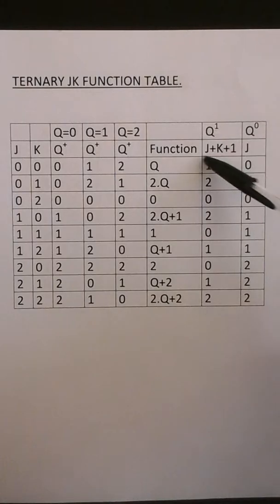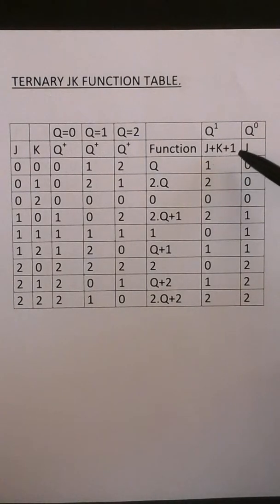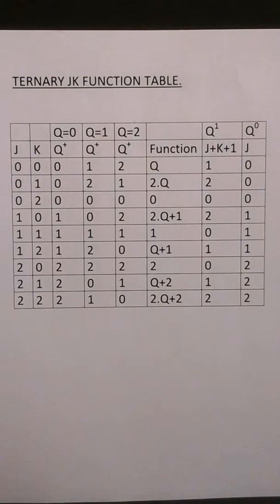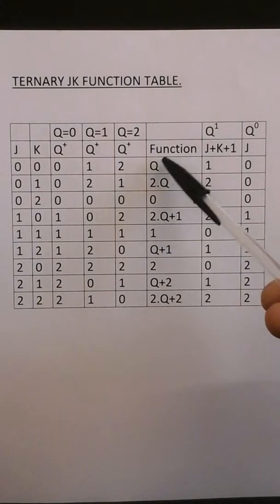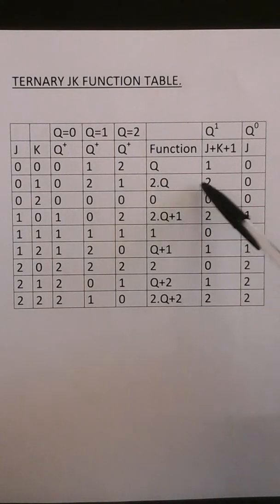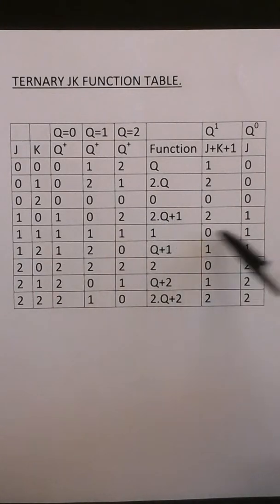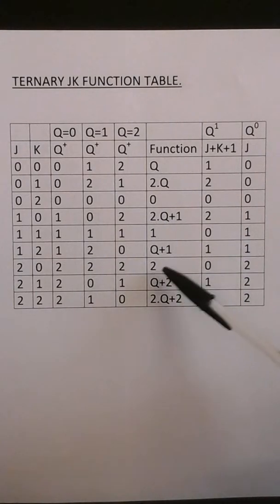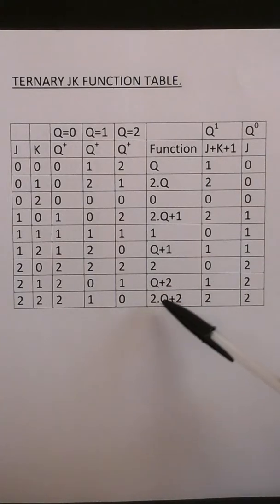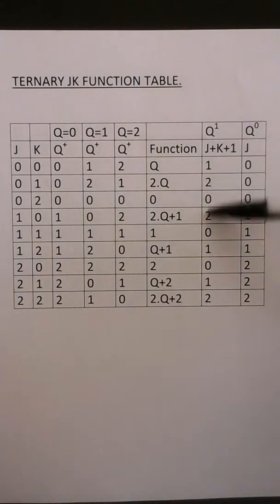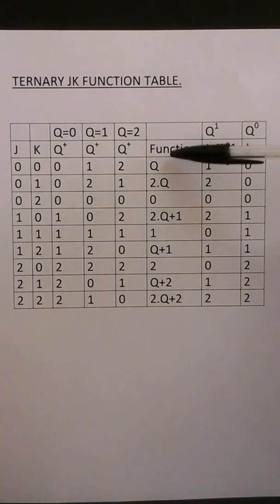The coefficient of q is j plus k plus 1 modulo 3, and the value of q to the 0 is j. Basically I use this to write the function there: q, 2q, 0, 2q plus 1, 1, q plus 1, 2, q plus 2, and 2q plus 2. I'm just following the coefficients of these and writing them in the function.